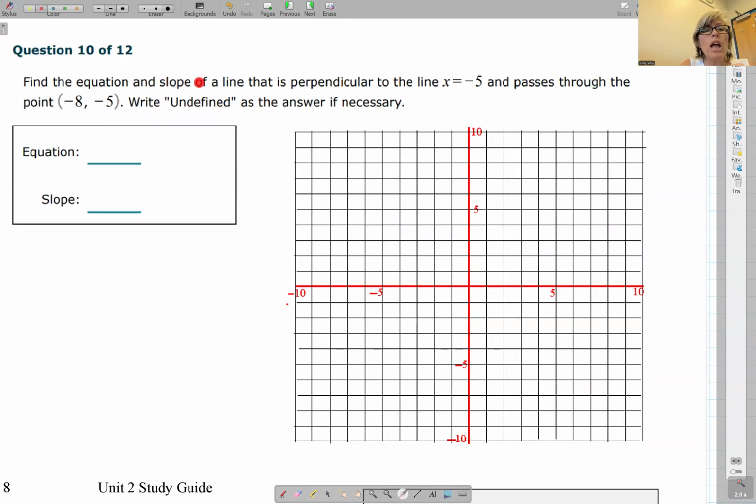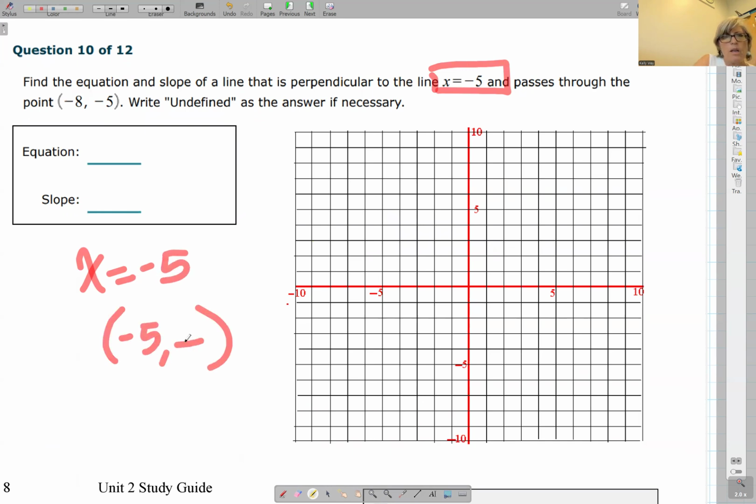Says the equation of a line that is perpendicular to x equals -5 and passes through this point, right? Undefined if necessary. So your first order of business is to graph this line, x equals -5. That's all the points where x is -5, comma, something.